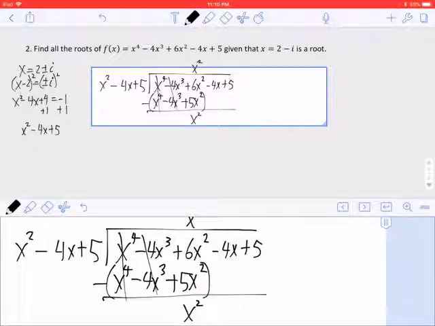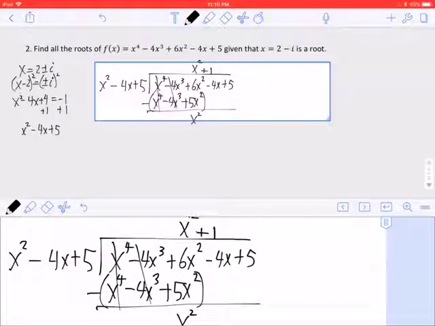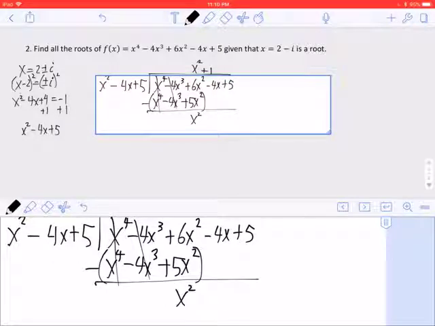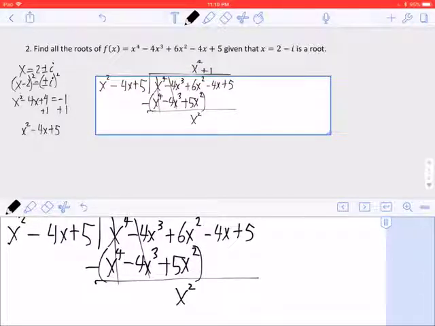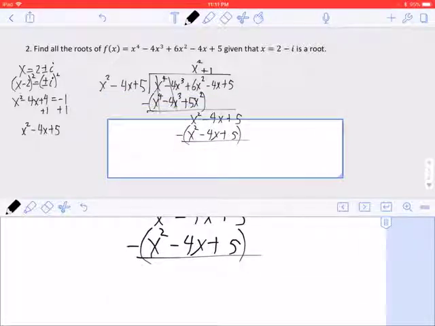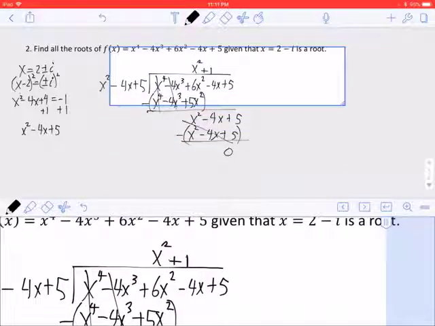So now x squared times 1, so a plus 1, and so x squared plus 1 gives us, when we multiply it by positive 1, we get the same thing, actually, minus 4x plus, everything drops down, and then we multiply by 1, and we get x squared minus 4x plus 5, and subtract, and it all goes to 0. So we got our remainder 0, and we were left with x squared plus 1.